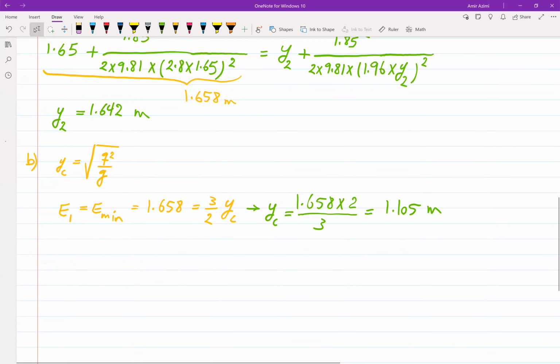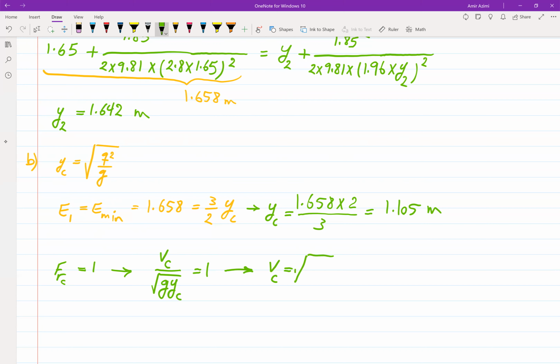If you remember, in critical flow condition, the Froude number is equal to 1. Therefore, VC divided by square root of g YC is equal to 1, and from that we know that VC is equal to square root of g YC.